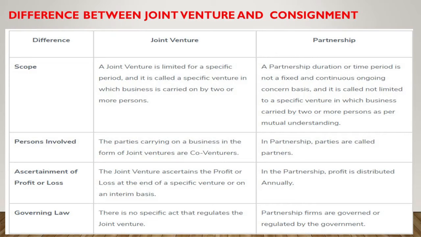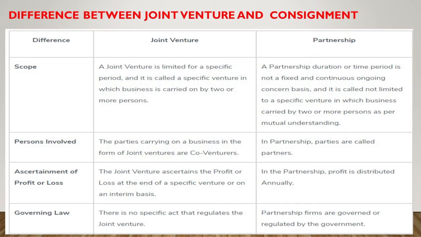So that is the scope of the joint venture and partnership. Then coming to the persons involved: the parties carrying on business in the form of a joint venture are called co-venturers, and the people in a partnership are called partners.